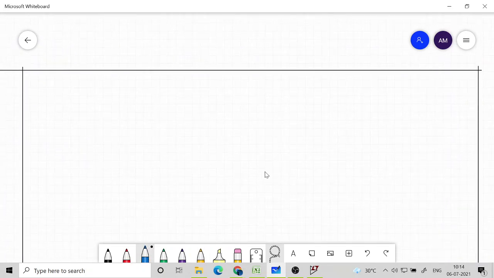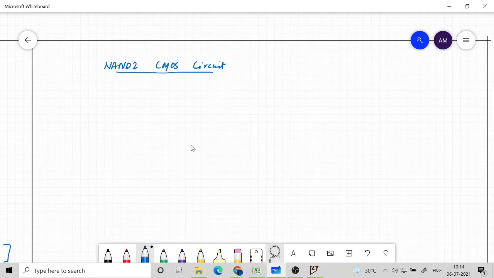So let's talk about the NAND 2 CMOS circuit. Again, we are using the switching properties of PMOS and NMOS transistors to design it. NAND 2 is given by Y equal to (AB) bar. It's a universal gate, a 2 input NAND gate. Now if you take this expression and take its Y bar, then it is basically AB.